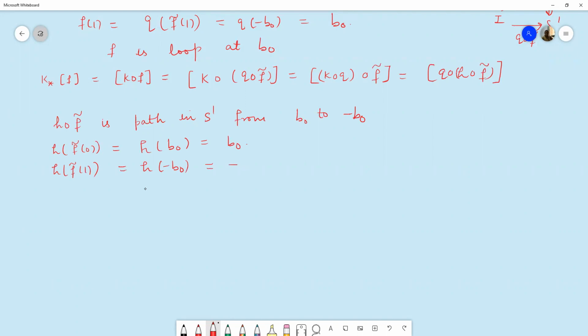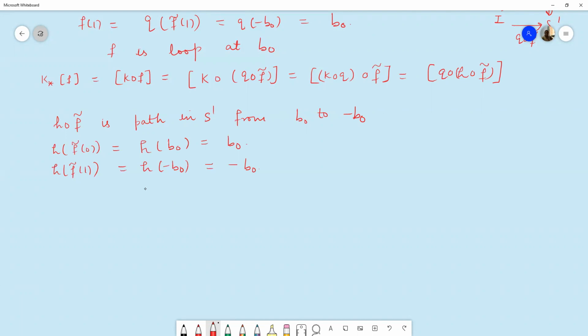So H circle F curl is a path from B0 to minus B0. So basically this is a non-trivial element. The homotopy class of this path is a non-trivial element of pi 1 S1 B0.